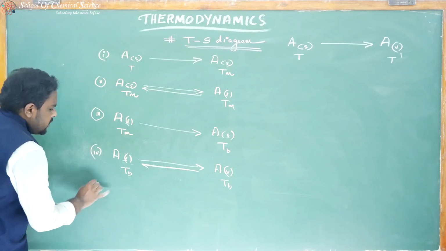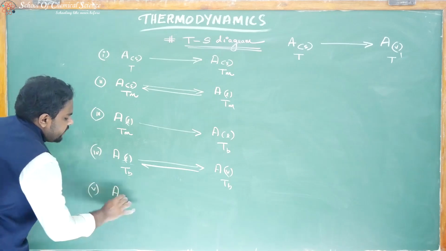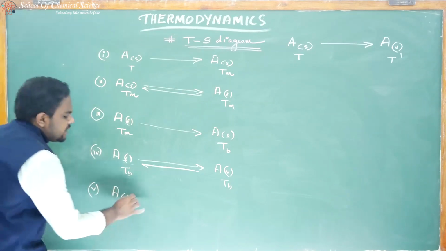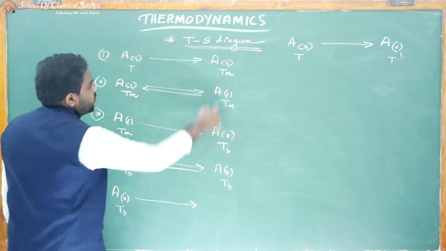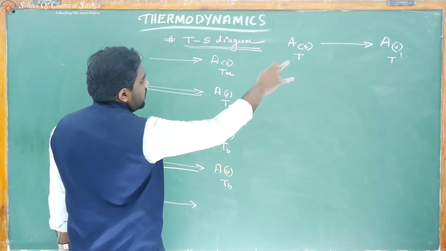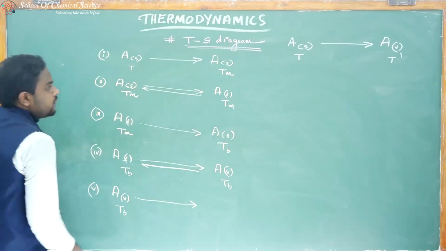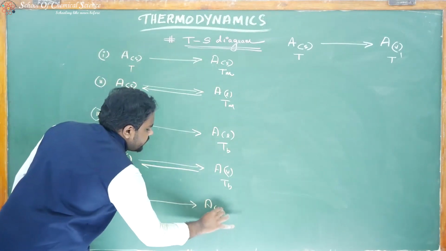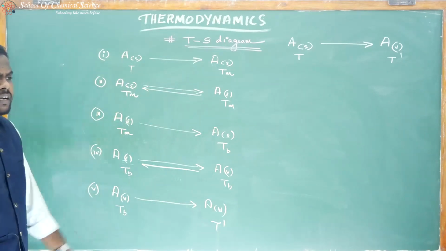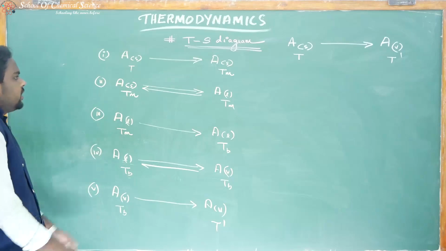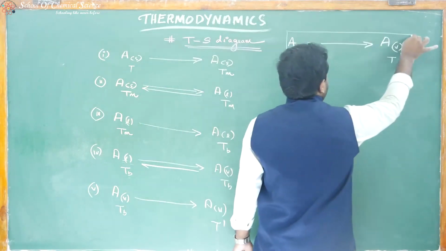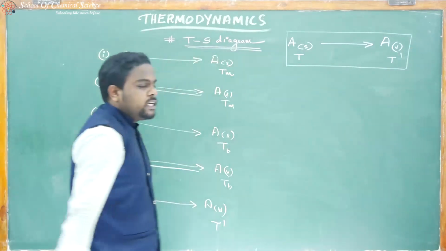Last step, A, which is a vapor at the boiling temperature, 100 degrees Celsius, is converted into vapor at any temperature, that means 200 degree, 300 degree, 400 degree or any temperature. So this whole process takes place in 5 steps, solid to vapor.